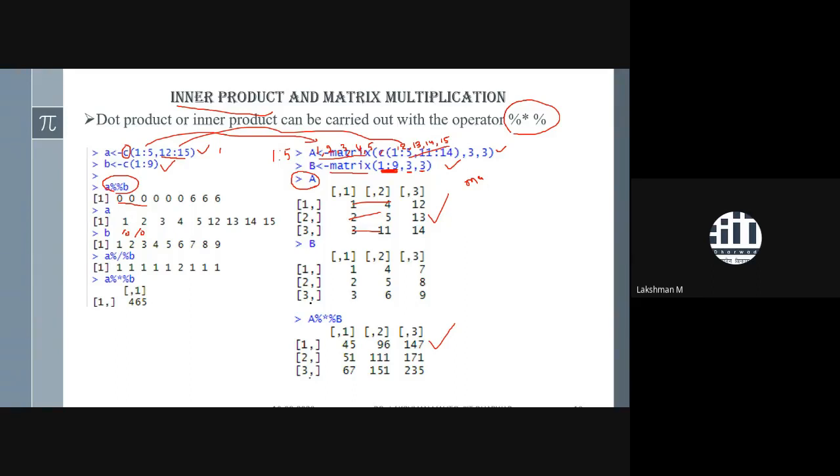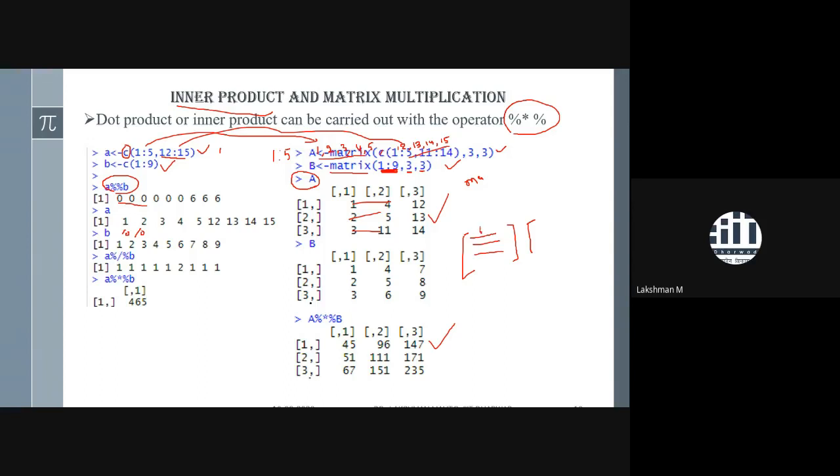Matrix multiplication is the inner product. If you are taking a matrix A first and matrix B second, you will consider the entries of matrix A row-wise.